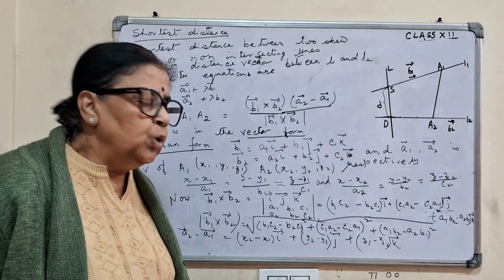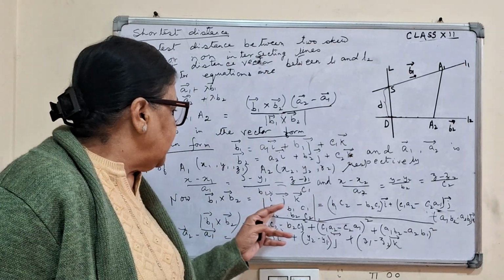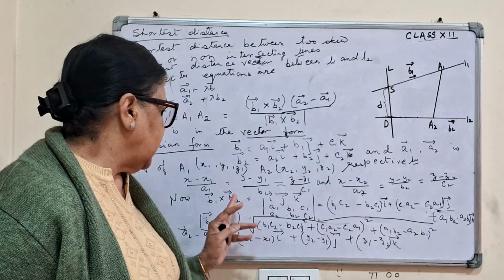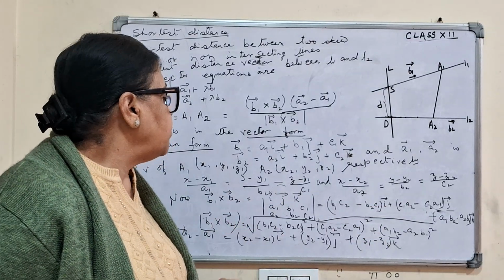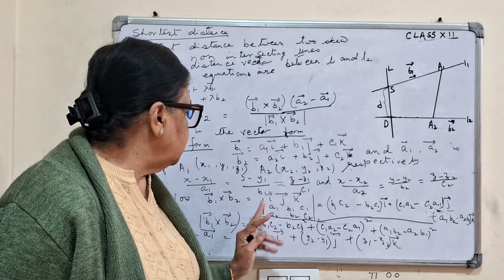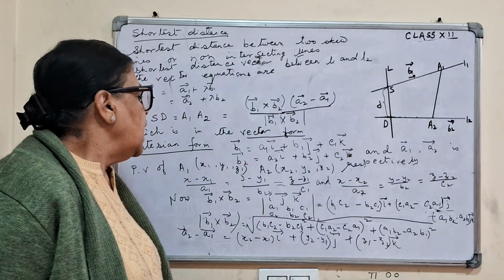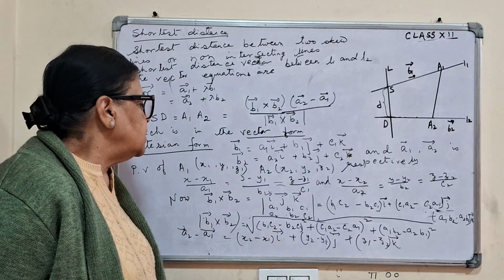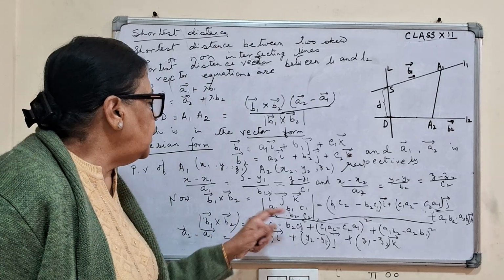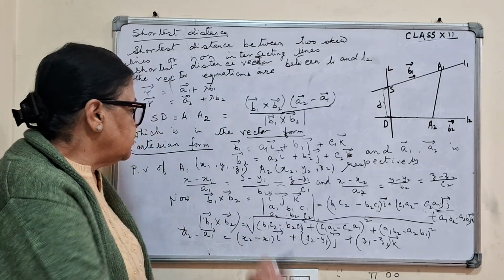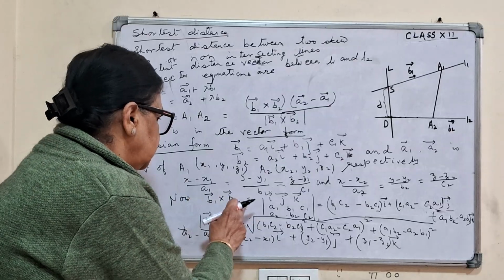Then I multiply. What do I get? b1 c2 minus b2 c1 along i cap, c1 a2 minus a1 c2 along j cap, and a1 b2 minus a2 b1 along k cap. We have found B1 cross B2.